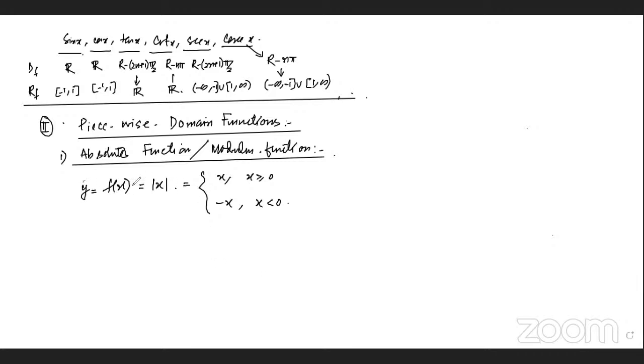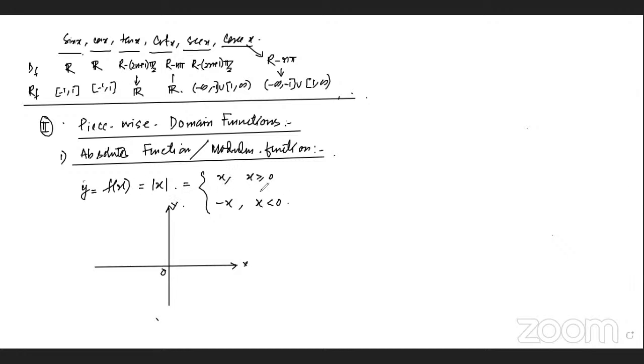Therefore, we can represent this function like this. And then later we can modify the other functions as well. So this is my xy plot. This is O, this is the x-axis, and this is your y-axis.